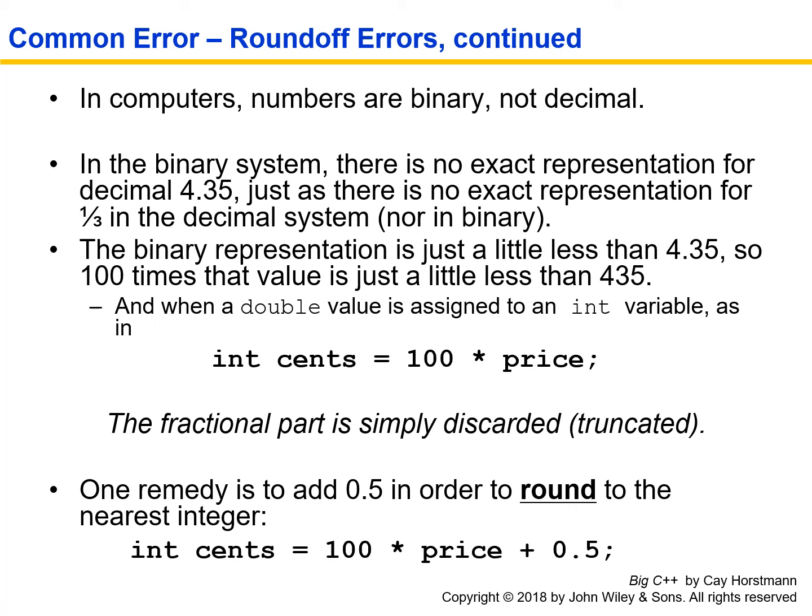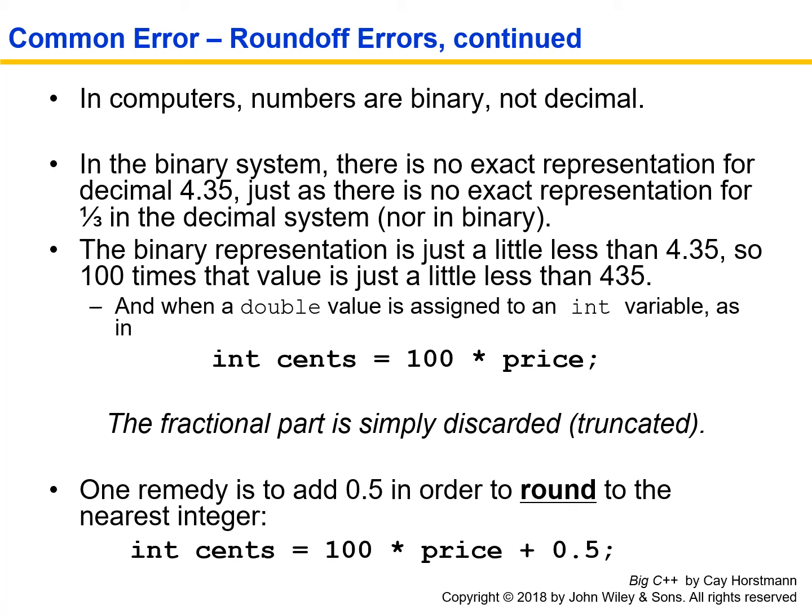And when you multiply that by 100, which is also not an exact binary number, you end up getting a number that is not an exact binary equivalent of 4.35 times 100. When you then assign it to an int variable, C++ does not round it to the nearest integer, it just cuts it off at the decimal point, and so you're going to get a number that's a little bit wrong.